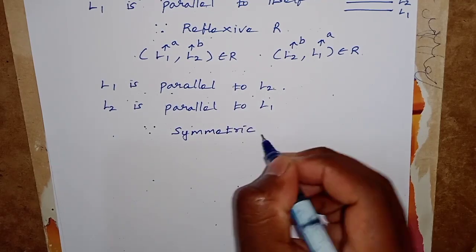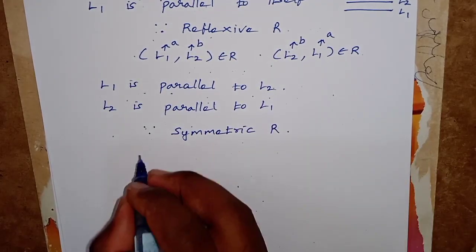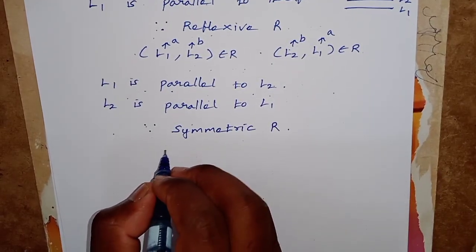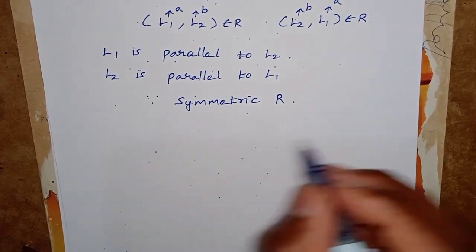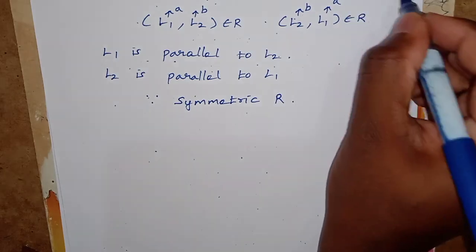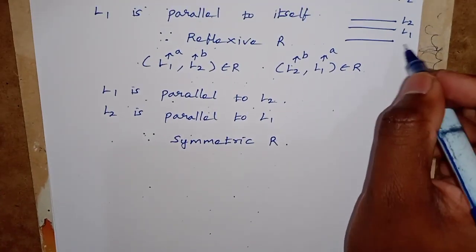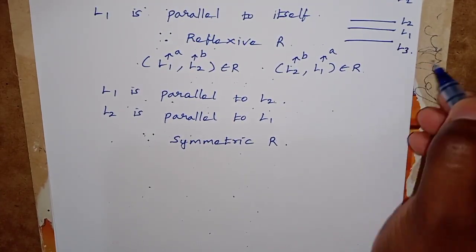Okay, symmetric relation. And the second condition, transitive. For transitive you have to take another term as L3. See here, L3 you have to take.